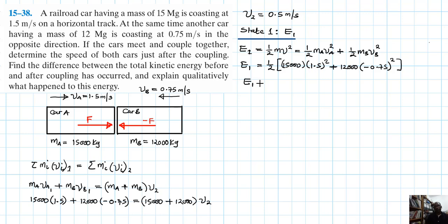Therefore, E1 is equal to 15,000 by 1.5 squared plus 12,000 by 0.75 squared, then by 0.5. That's 20,250 joules.